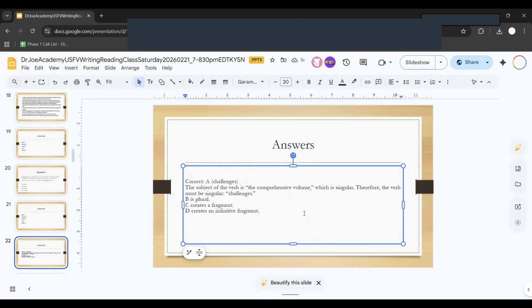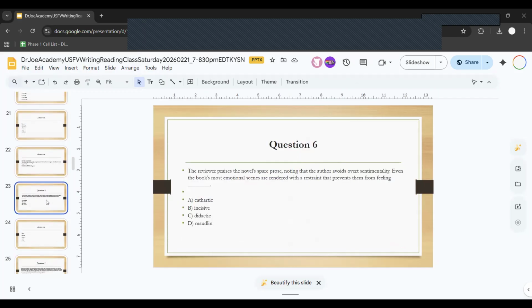Okay, the correct answer would be A, challenge, because the subject of the verb is the comprehensive volume, which is singular. Therefore, the verb must be singular. And in the case of B, it would be plural, so it wouldn't be the correct answer. Okay, let's take a look at question 6.